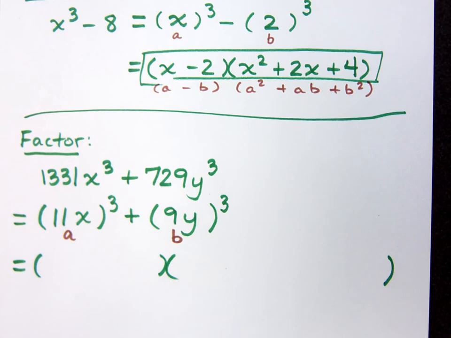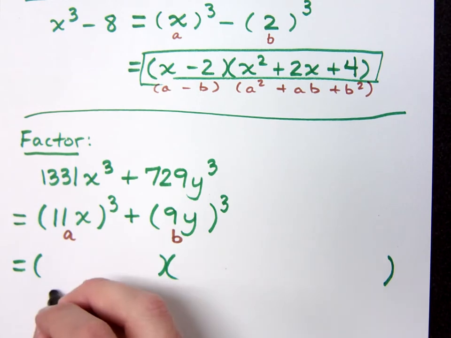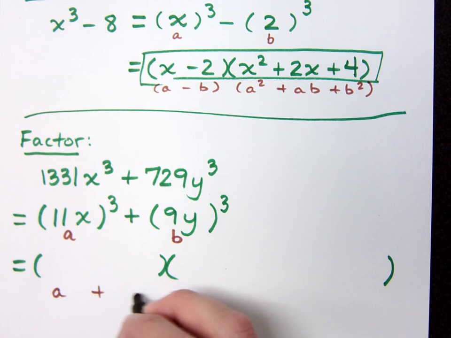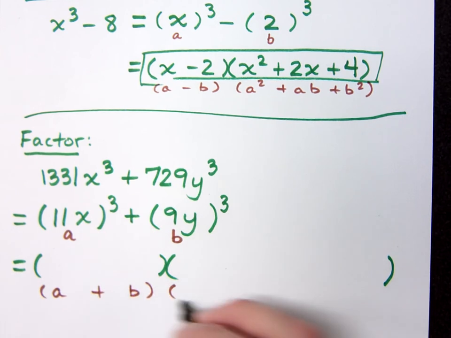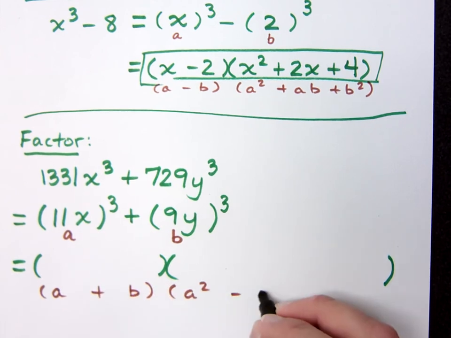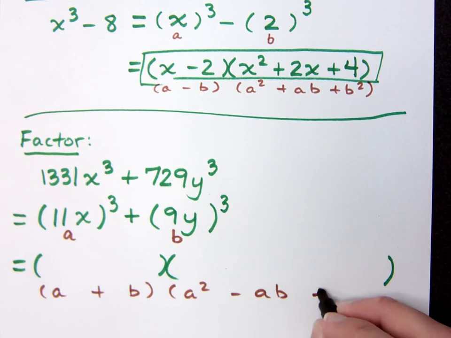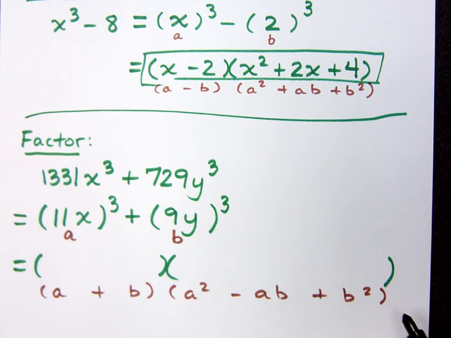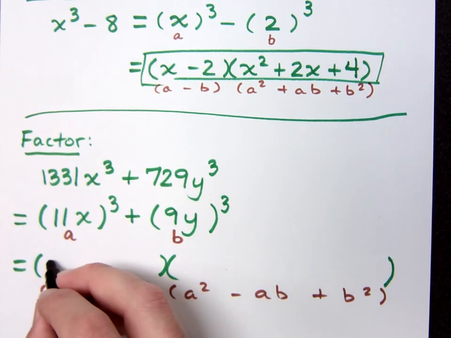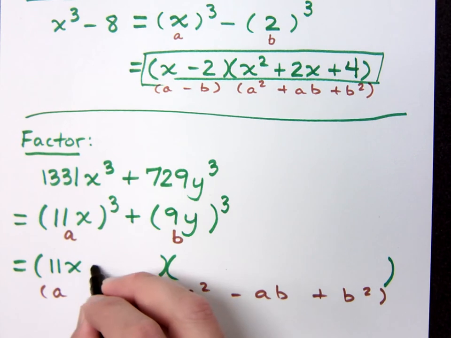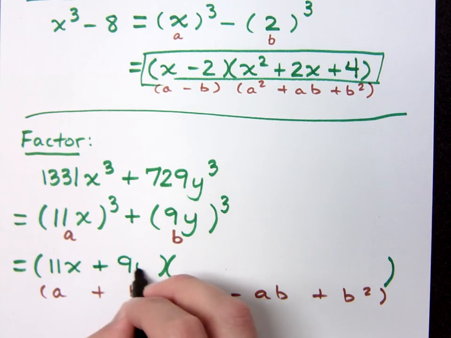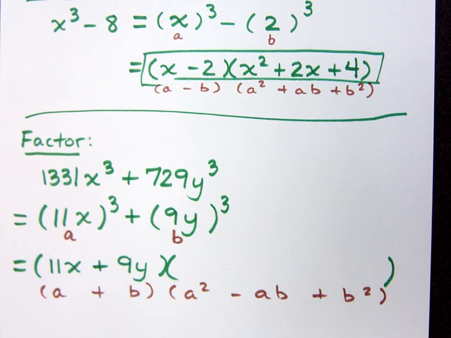The sum of cubes will factor as a plus b, and the other factor will consist of a squared minus ab plus b squared. So what would you say for a plus b? 11x plus 9y.